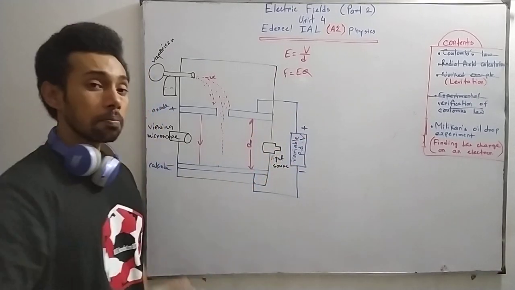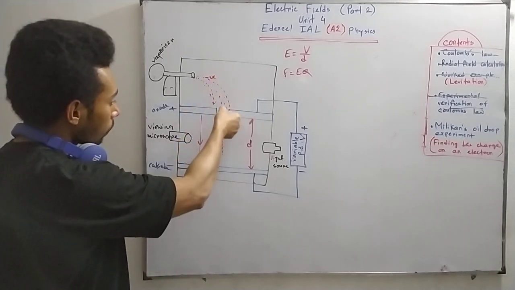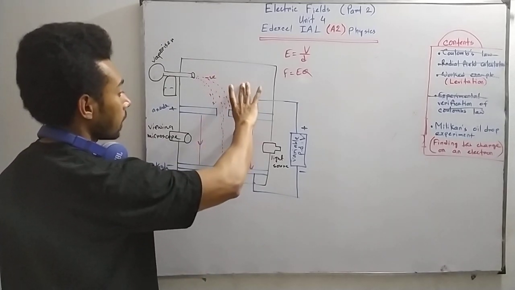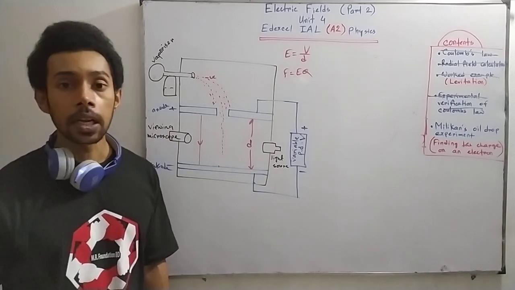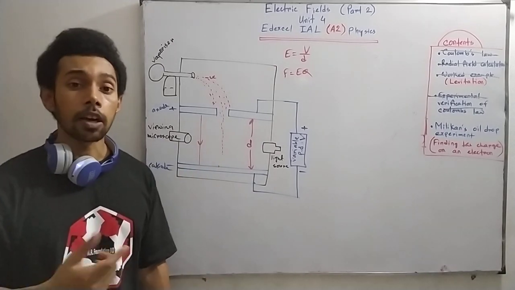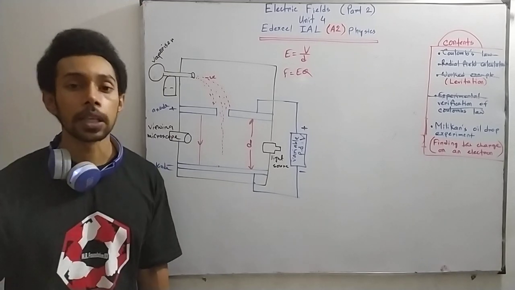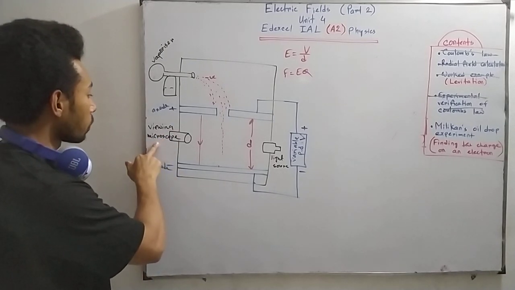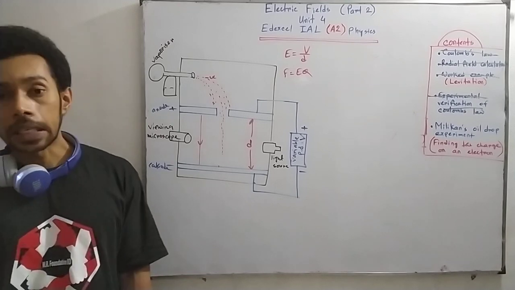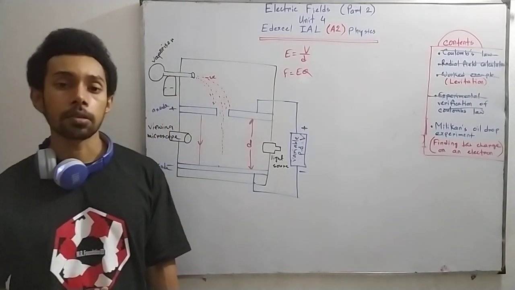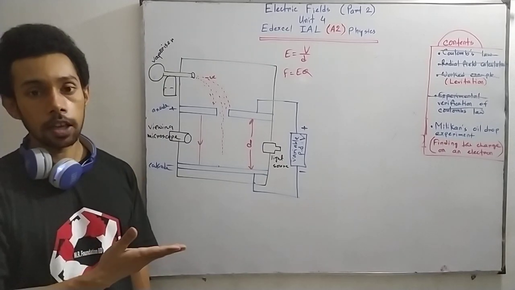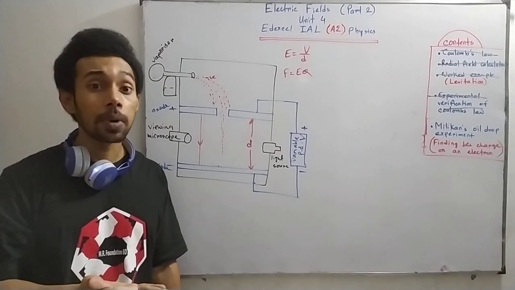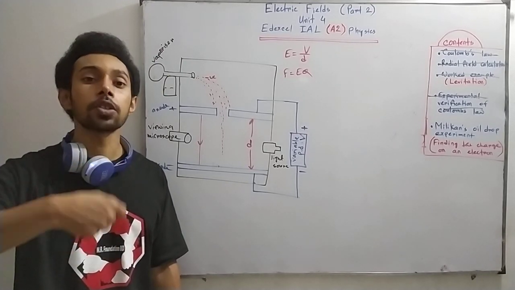Okay, in that case, Millikan let the oil droplet fall, and since the inside of the apparatus is full of air, and the oil droplets are very light, due to viscous drag the oil droplet will reach terminal velocity, and with the aid of the viewing microscope and the light source, Millikan was able to find out the terminal velocity reached by the oil droplet, and in that case we can say that the weight is balanced by viscous drag, or the Stokes force.